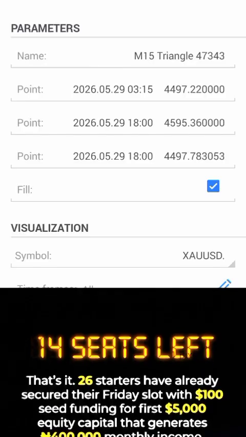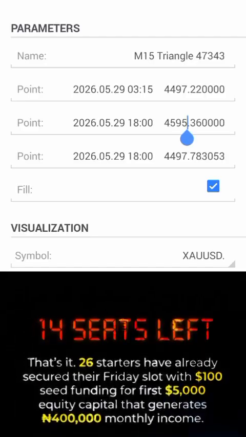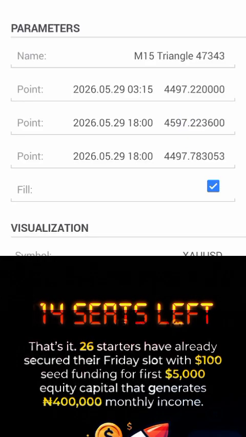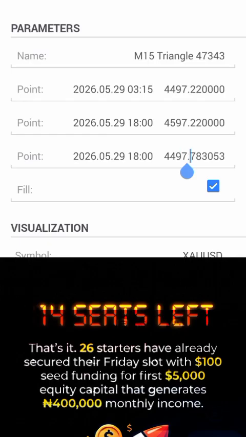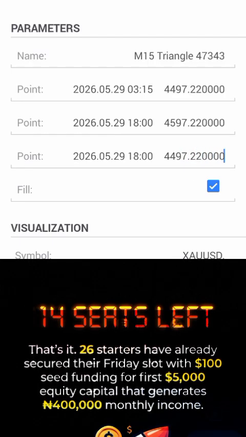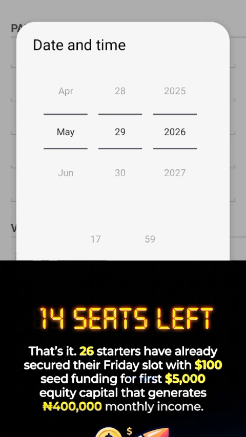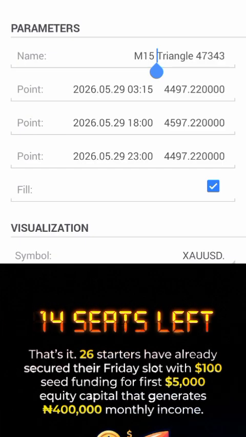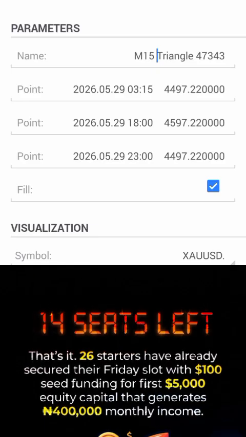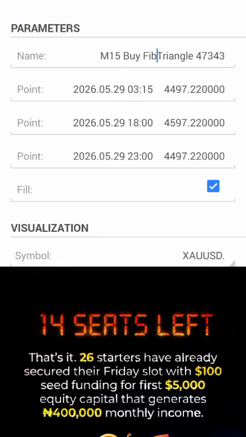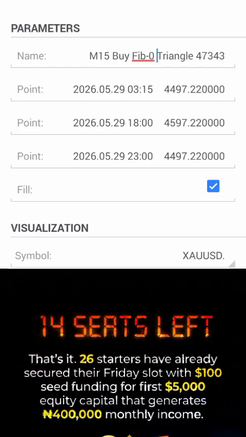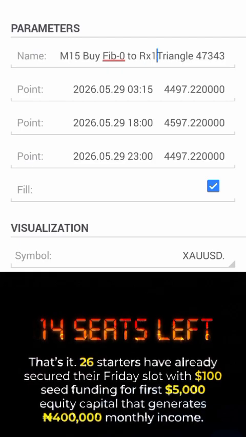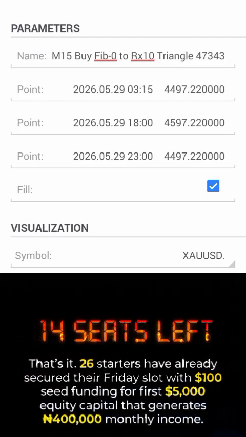All right, so 4597, that's the full projection. And then we extend this to the end of the day. All right, so this is our buy fib 0 to arrow times 10. So that is the projection, full projection for the day.